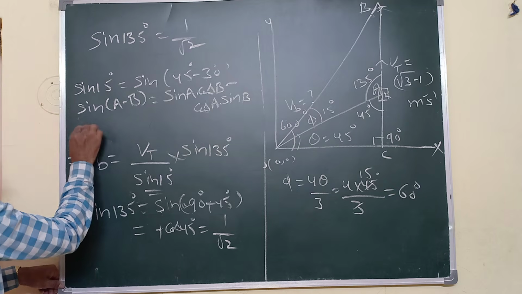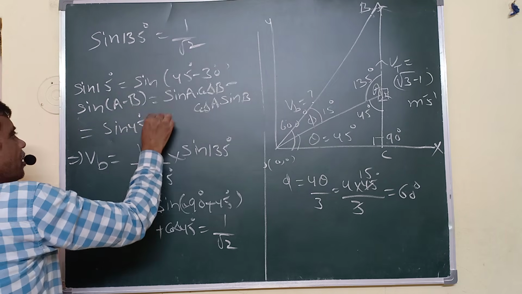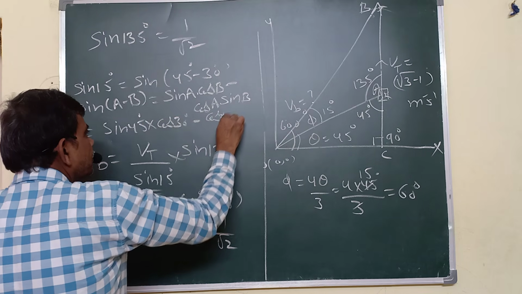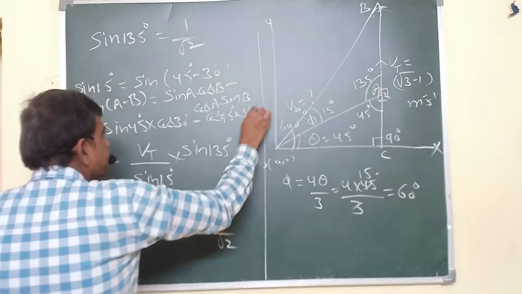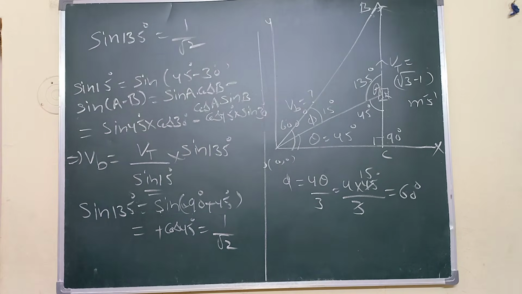Then what happens in this case? Sin 45 into cos 30 minus cos 45 into sin 30. All values substituting and doing mathematics. So after doing mathematics, I am getting this value as root 3 minus 1 by 2 root 2.